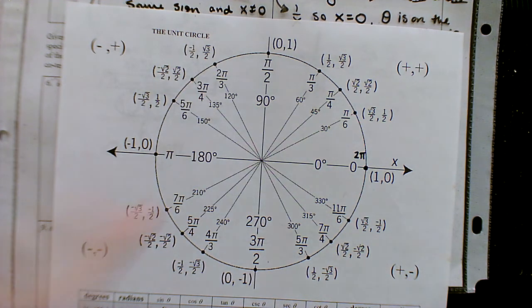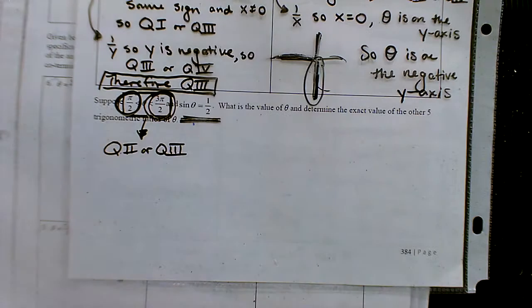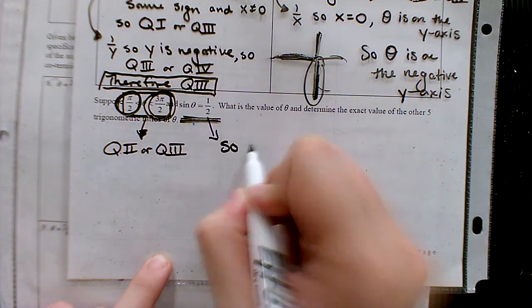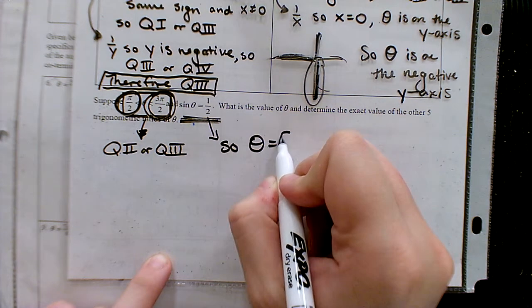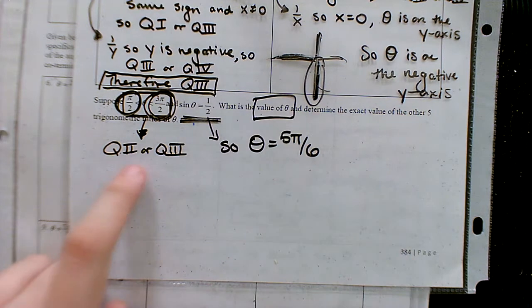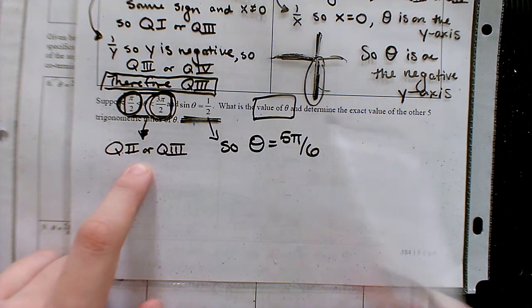Yeah? 5 pi over 6, or 150 degrees. All right. So theta is 5 pi over 6. Okay, there's our value for theta, because that was specifically in quadrants 2 or 3.